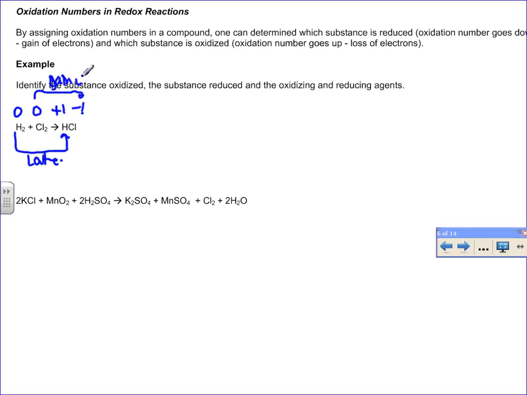When something becomes more negative, it's caused by the gain of electrons. So with this information, we can identify the substance oxidized to be hydrogen. The substance that has lost electrons has been oxidized. The substance that's been reduced is the chlorine. It's the one that has gained electrons.